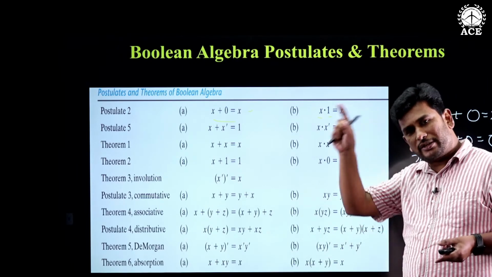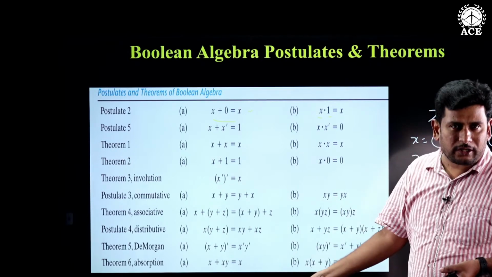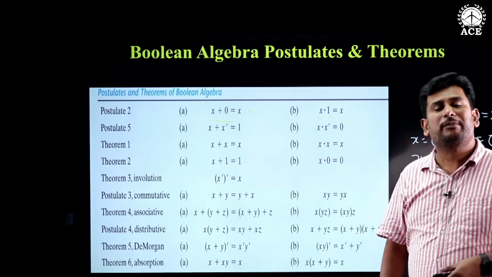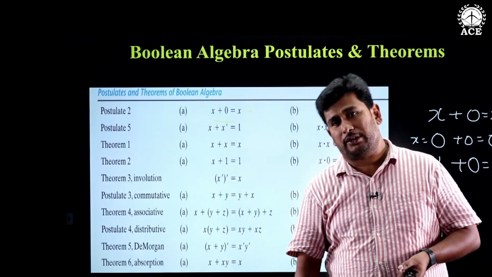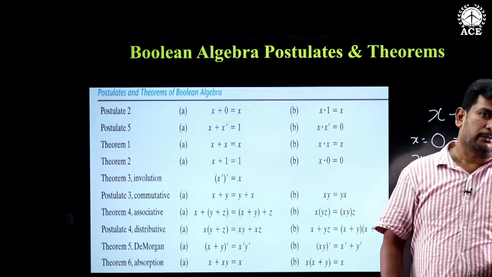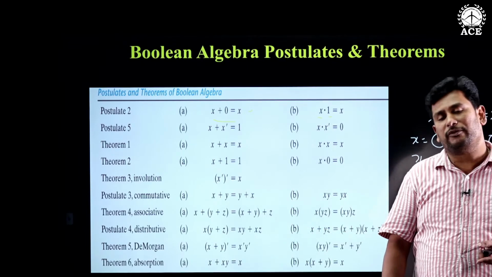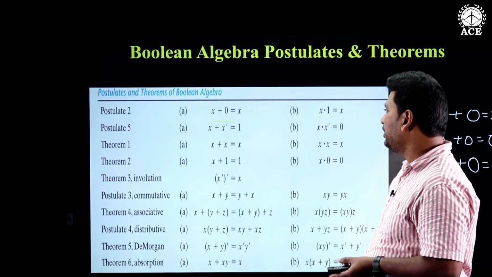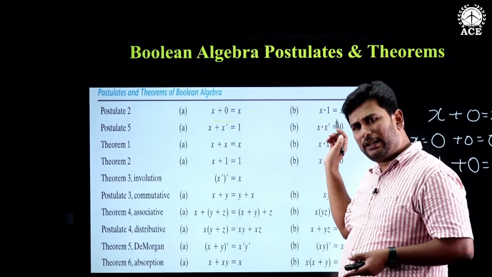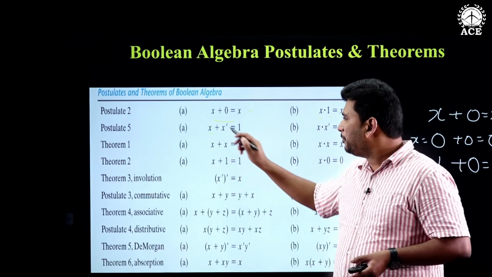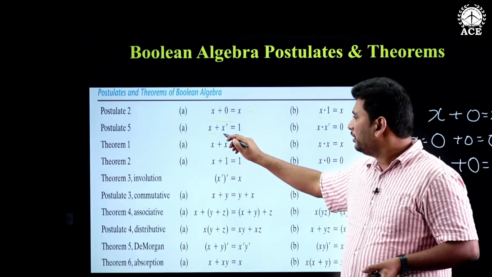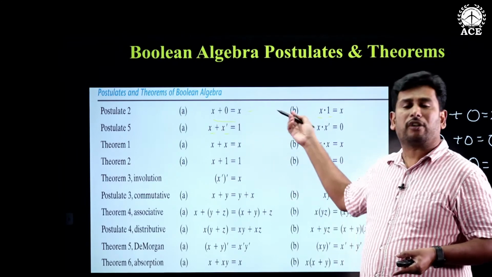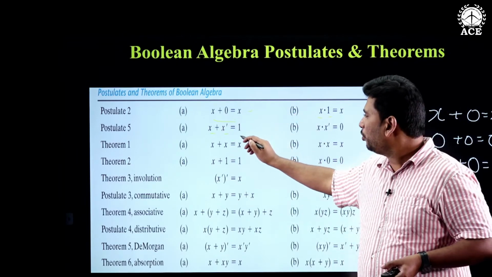Duality: OR interchanged with AND, AND with OR, and identity element 0 interchanged with 1, and 1 with 0. Clear? This is very important because we have to use this in the simplification of various Boolean functions. Now, the next postulate is about a variable. Earlier we discussed that a variable when ORed with its complement, 0 OR with 1 or 1 OR with 0, is equal to 1.